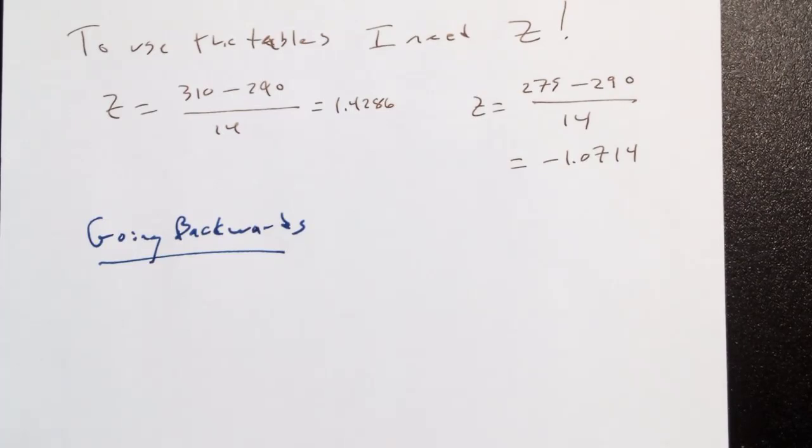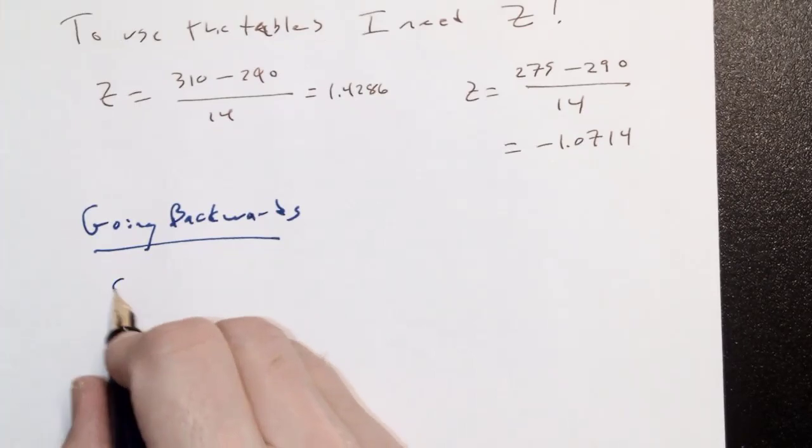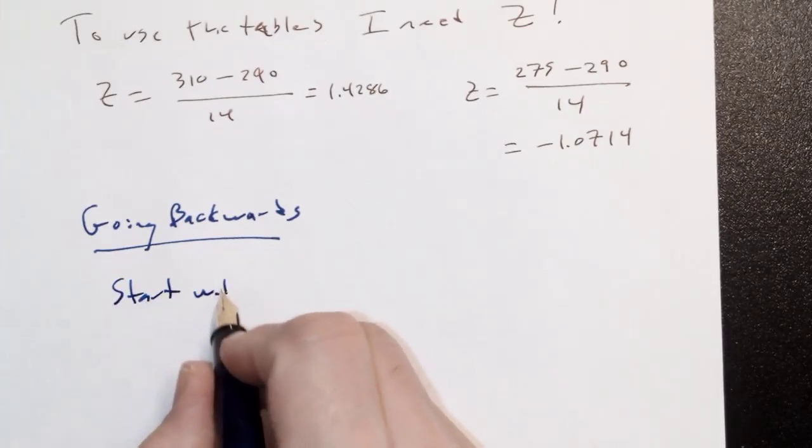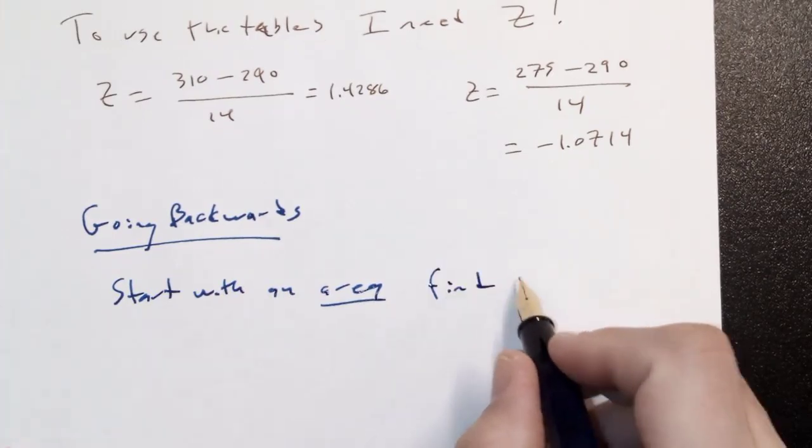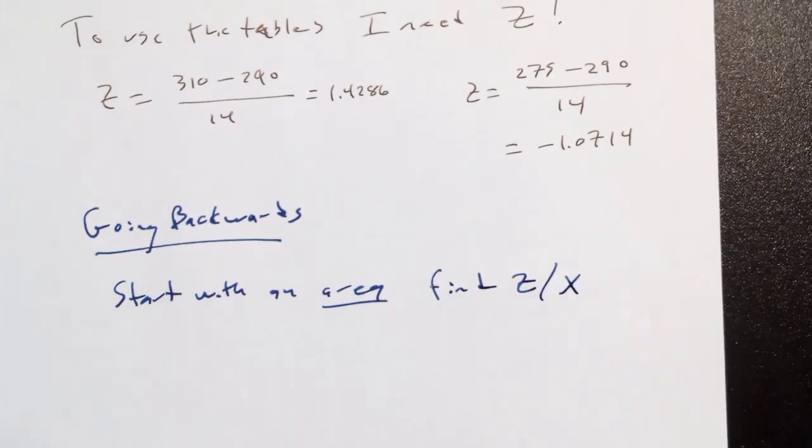Quite frequently, we're doing not the area between two values, but either the area bigger than a value or smaller than a value. Sometimes we're looking for the middle, but more often we're looking for the edges.